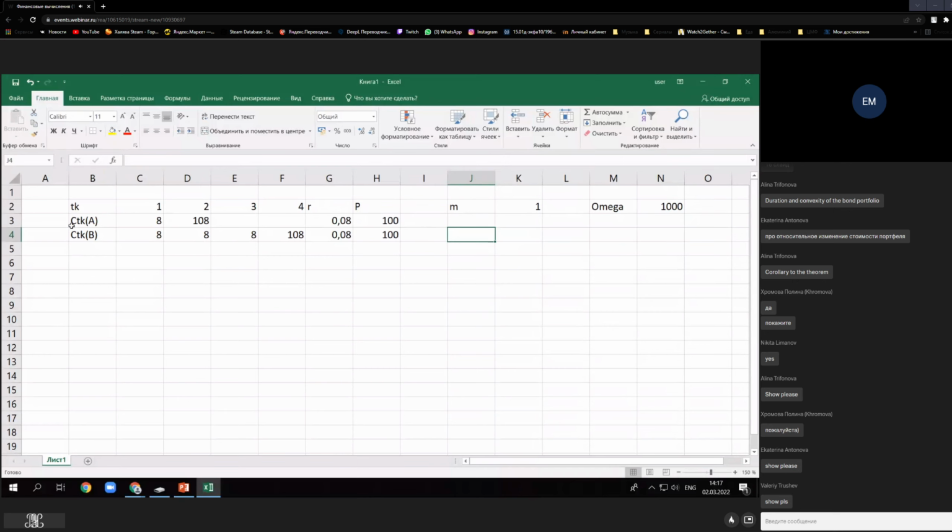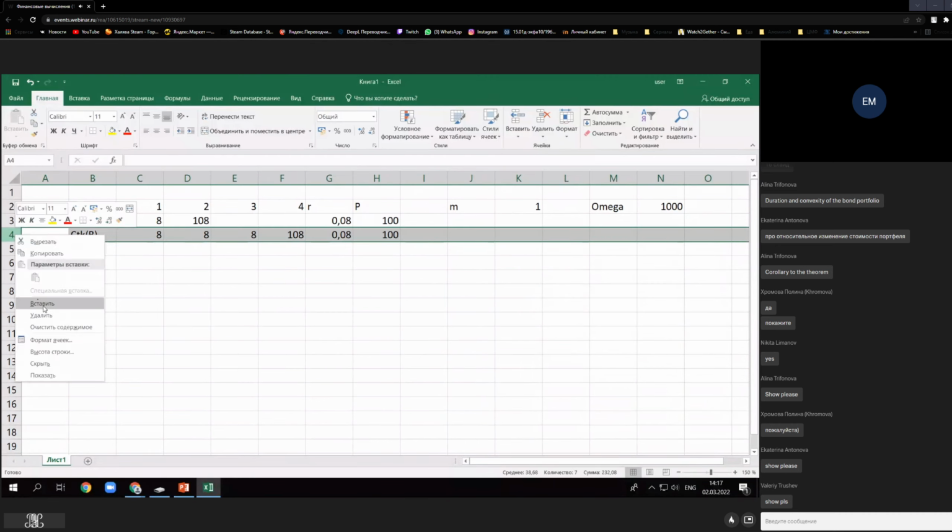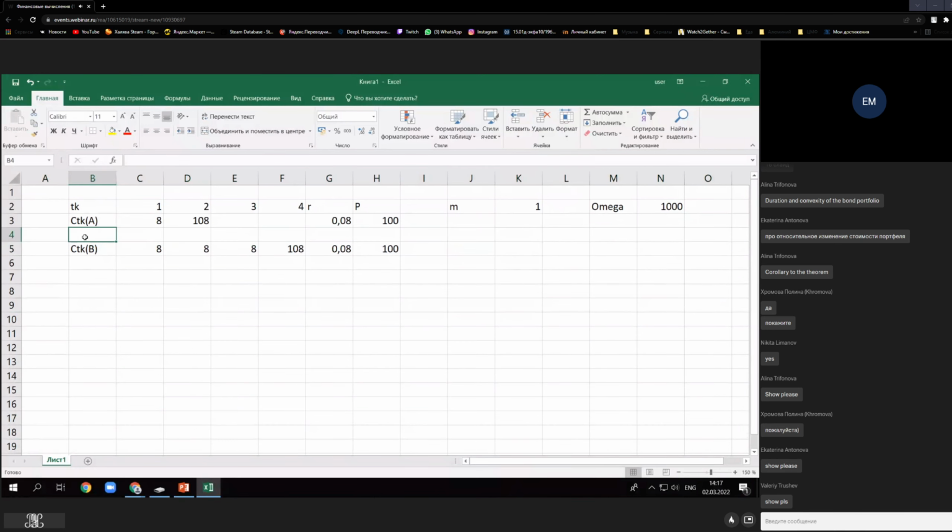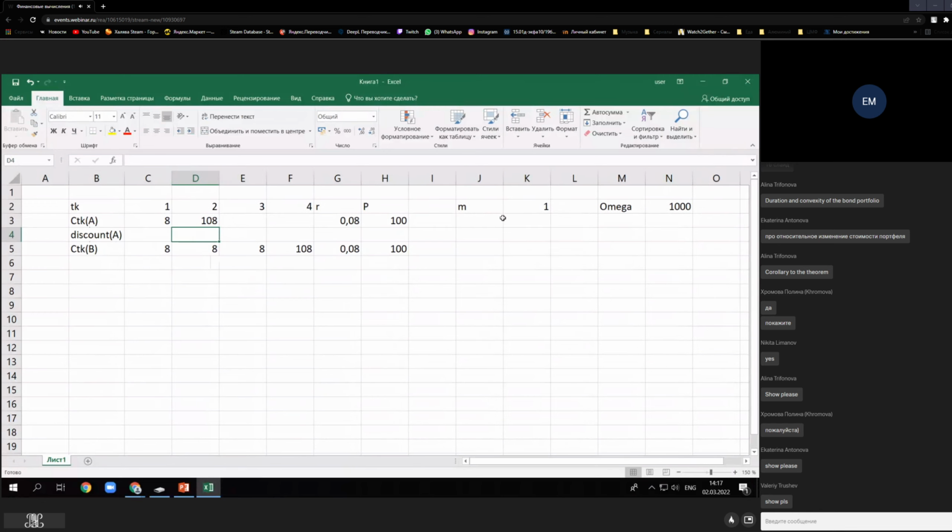To calculate the duration of the bond, I remind you, you should calculate the discounted cash flow and multiply it by the corresponding time period. Here, the initial rate is equal to 8% for all the terms of the investment.